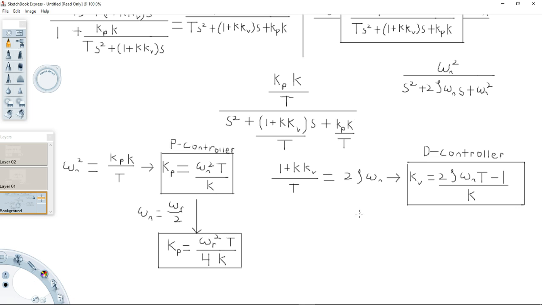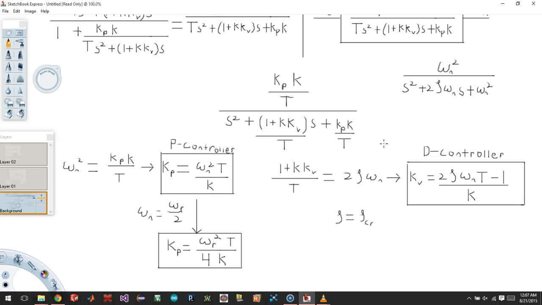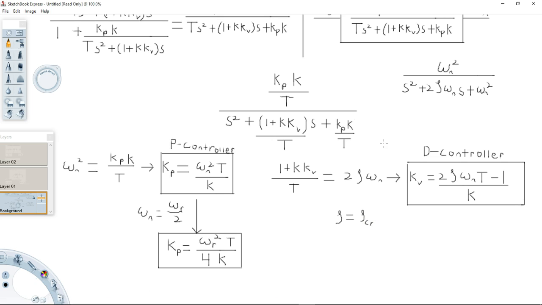So instead of just setting this to a value of 1 for a critically damped system, I'm going to make it generic here and just call this CR for critical damping ratio. So whatever that may be for your system, it could be 1, it could be 1.1. That's dependent upon what you need your system to be and how you want it to react. So I'm just going to put a CR here for this being the critical damping ratio.